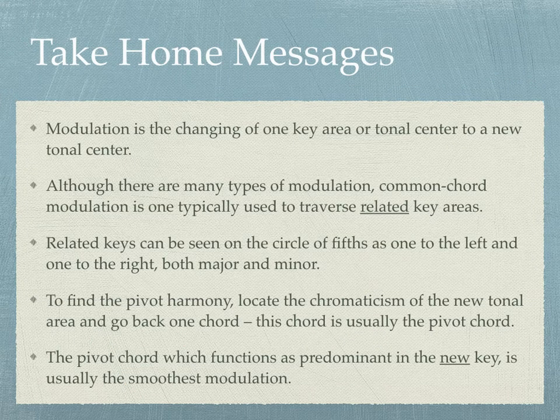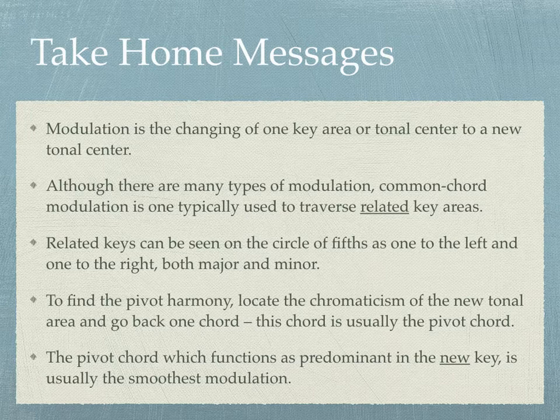So here's what we know about modulation. It's the changing from one key area to the other via some process. The process that we learned about specifically in this video is common chord modulation through the use of a pivot chord, which is common to both keys. Both keys also happen to be related to one another diatonically and by the circle of fifths.